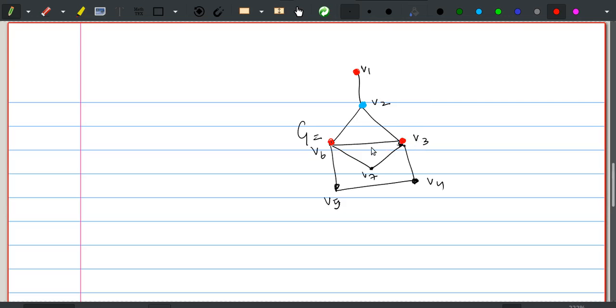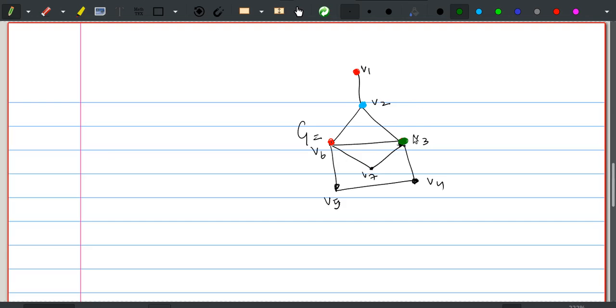Now let us look at these vertices v3 and v6. Obviously we cannot use color red here because v3 and v6 are adjacent. So let us paint this vertex with, say, green color. Now so far we are good.